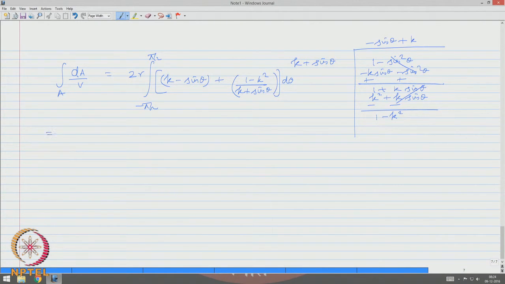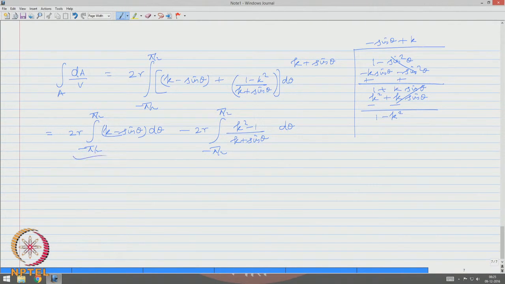Which can be now said as 2r integral from minus pi by 2 to plus pi by 2 of k minus sin theta d theta, let us say minus 2r integral from minus pi by 2 to plus pi by 2 of k square minus 1 by k plus sin theta d theta.